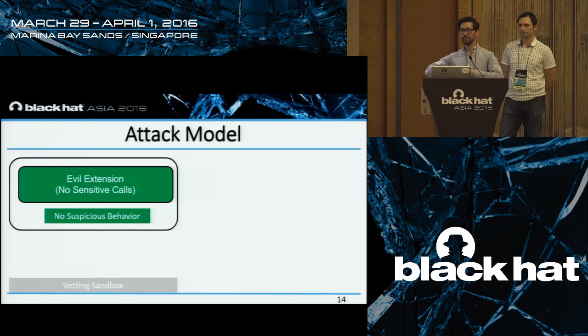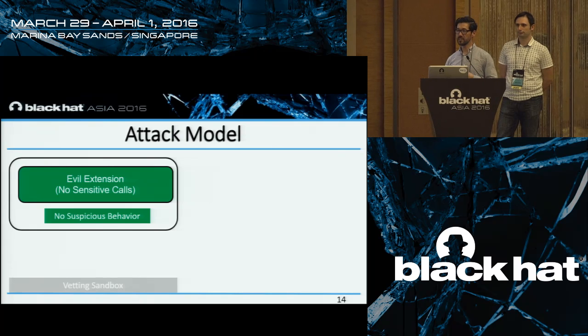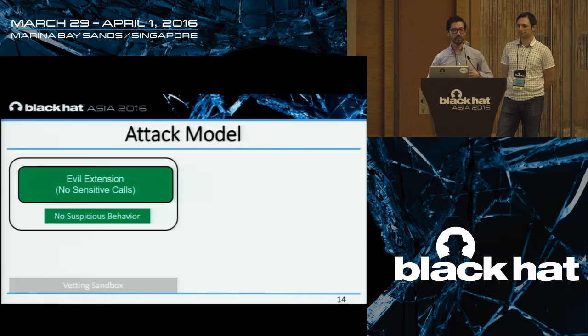Let's say you're a veteran at Mozilla, and somebody has submitted this extension to you, and they don't have this nice label that says, hey, I'm an evil extension. They're running it in their vetting sandbox, and they're going to run some automated analysis on this and perhaps a manual analysis. Primarily what they're going to be looking for, aside from different programming practice guidelines, is: is this thing executing any sensitive calls?